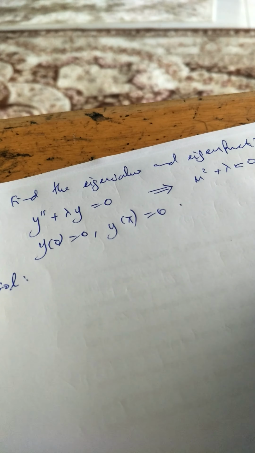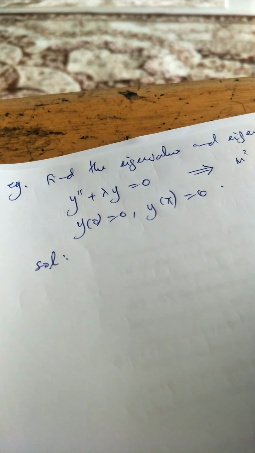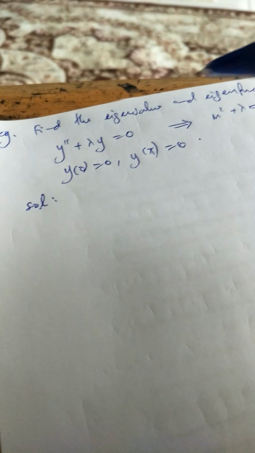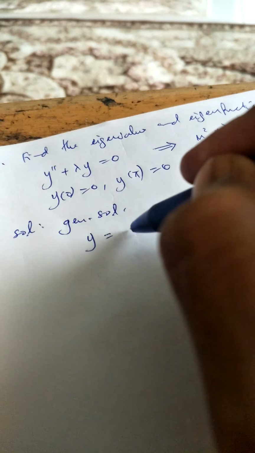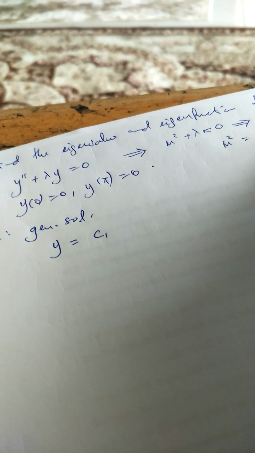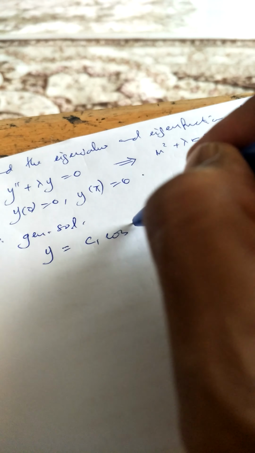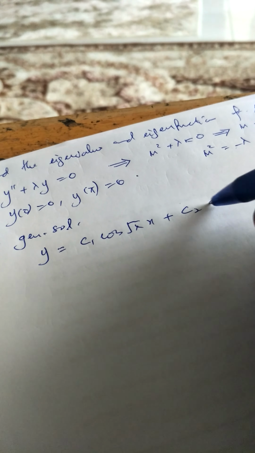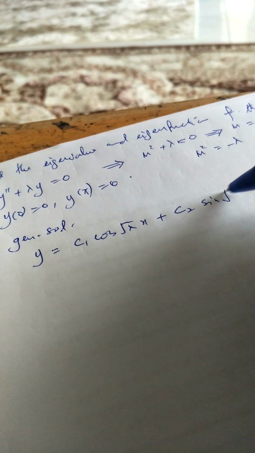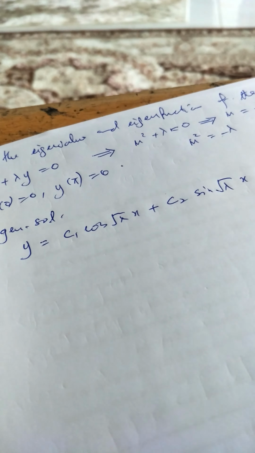Now for the general solution, we have complex roots here. So the general solution is y equal to c1 cos(√λ x) plus c2 sin(√λ x).